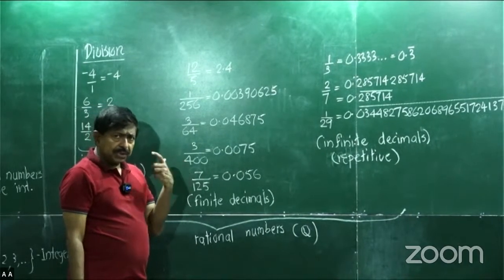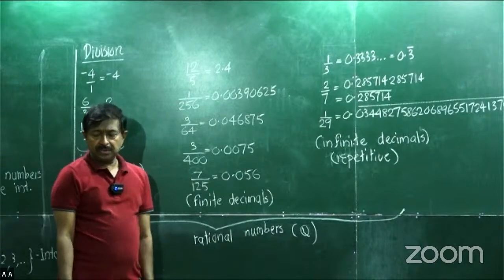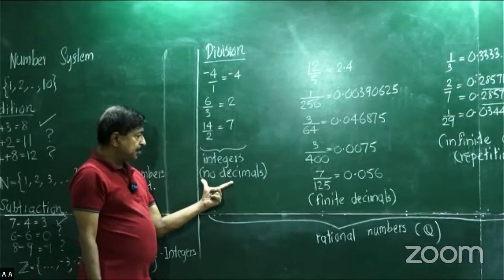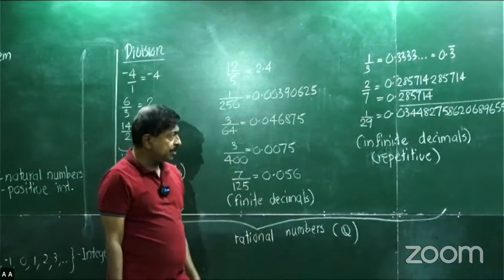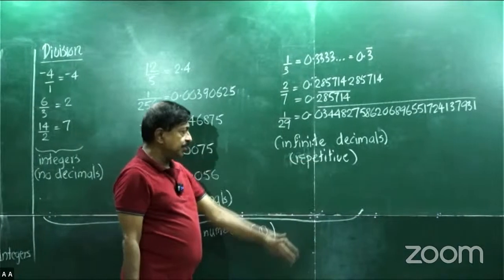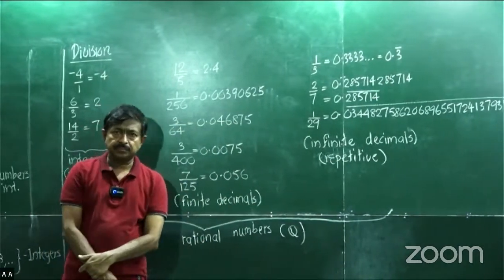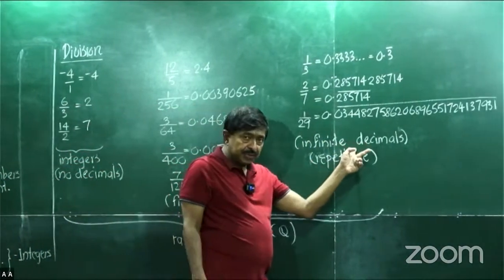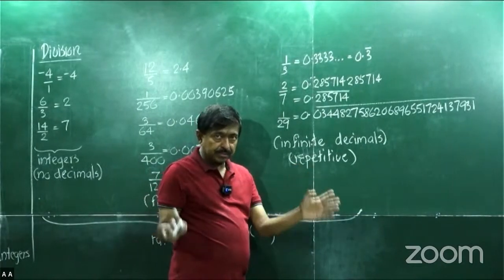Now, something is still missing. What are those? I mean, one class is missing. Here you have numbers with no decimals, numbers with finite decimals, numbers with infinite decimals. So what's missing? You can have infinite decimals with no pattern.